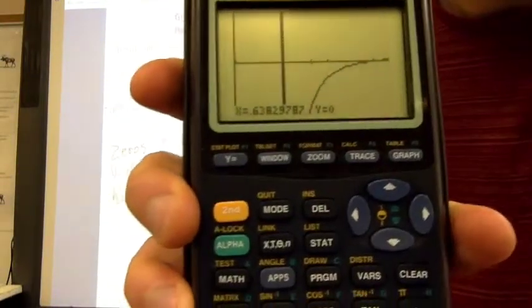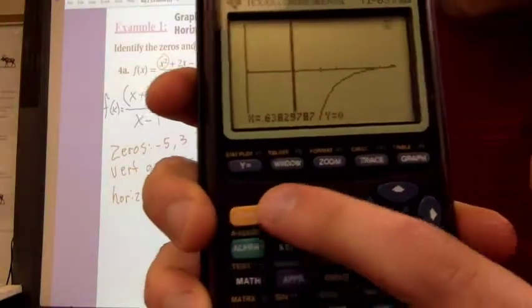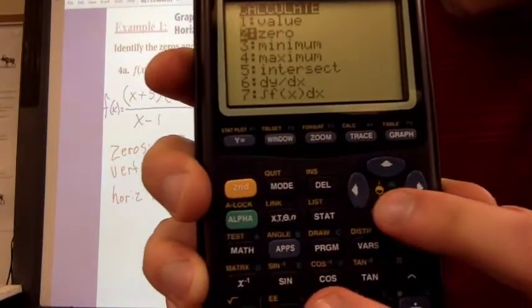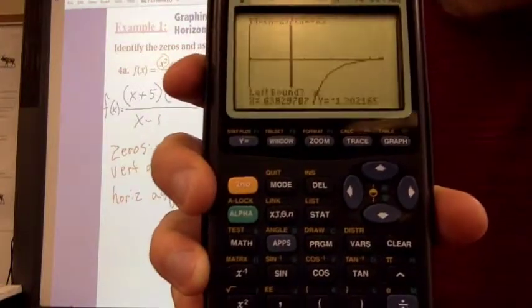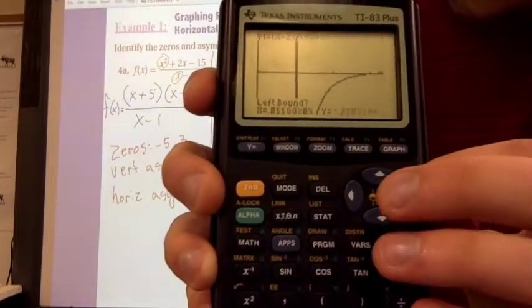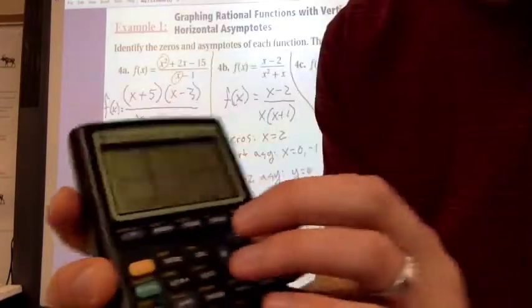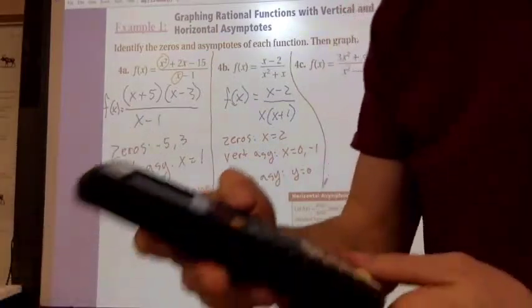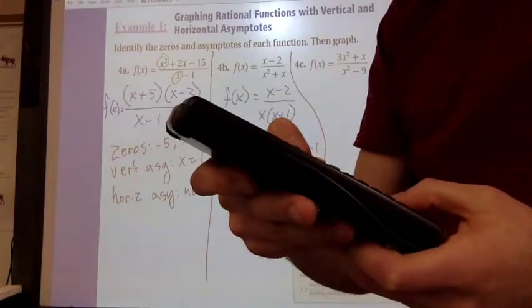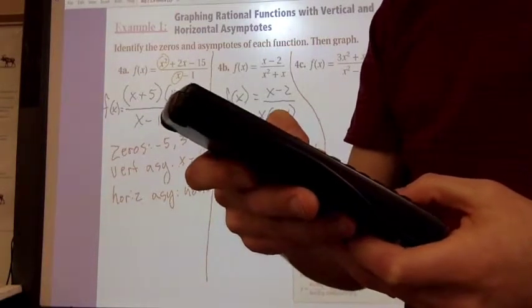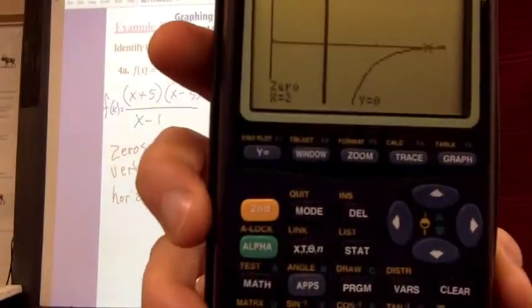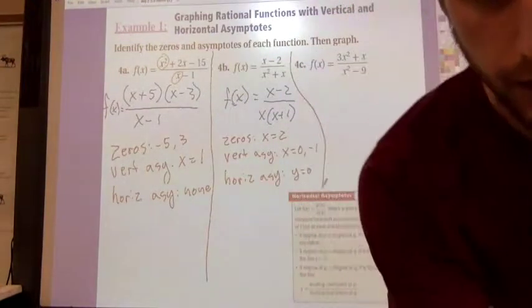But what you can do to be sure is hit second calc and then go down to 0 and do left bound. Sorry, I'm looking at this in the screen, so it's all backwards for me. Left bound, enter, right bound, enter, and then guess, and it will tell you you've got a 0 at x equals 2. So awesome job on that one.